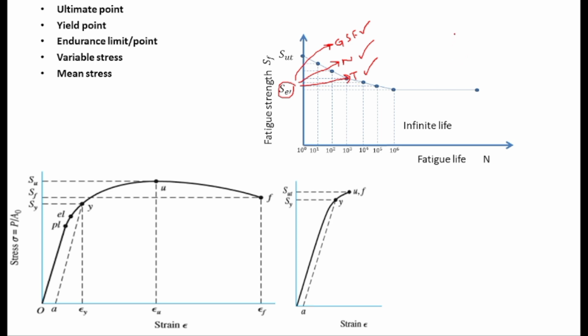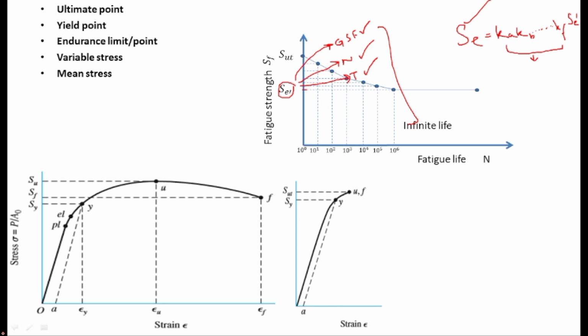So for that, the endurance limit will be changed, and it will be represented by SE. And when you want to include all these things, it will be equal to Ka, Kb, Kc, Kd, Ke, Kf, times Se dash. The values of these will be either 1 or less than 1. So Se is less than Se dash. I have discussed this as well in my previous lecture. You can go to that lecture to see it over there.